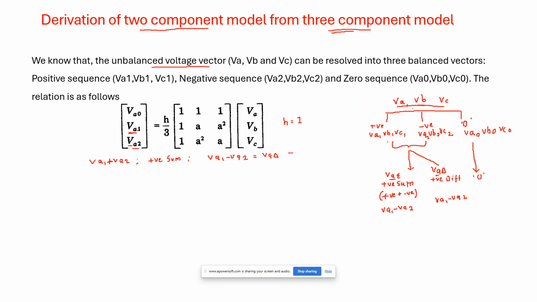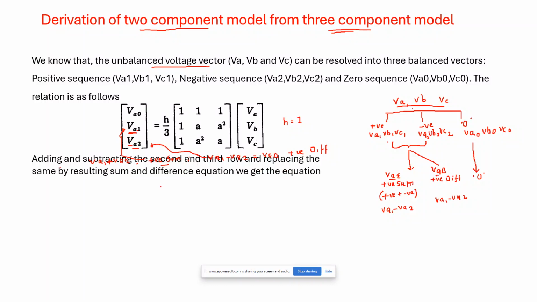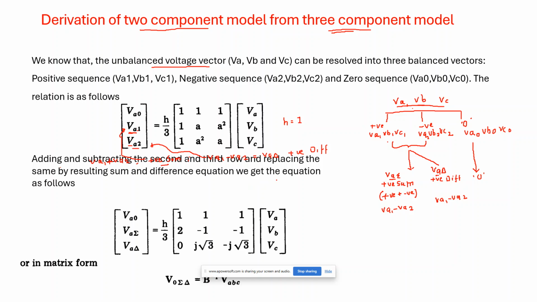This is called the positive difference. So we get these two equations. Now the positive sum equation we replace back into the second row, and the difference equation we substitute into the third row. So, adding and subtracting the second and third rows and replacing them by the resulting sum and difference equations, we get the equations as follows.